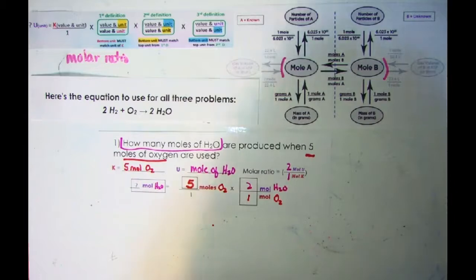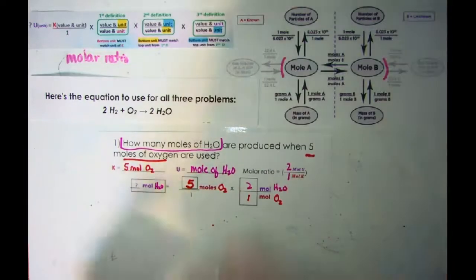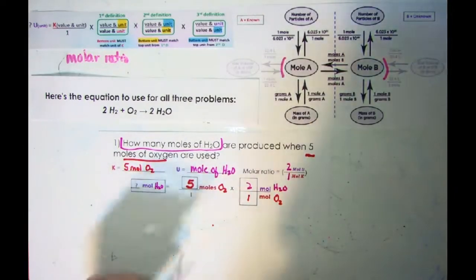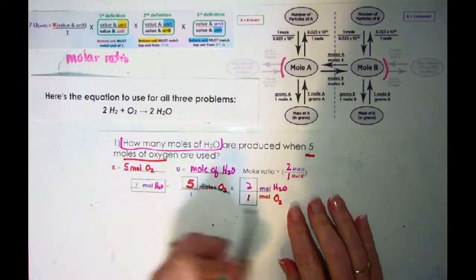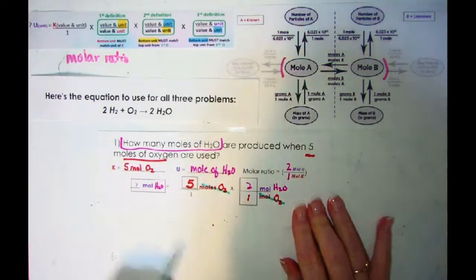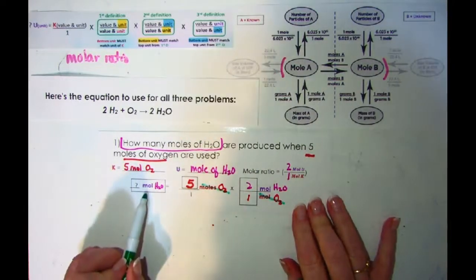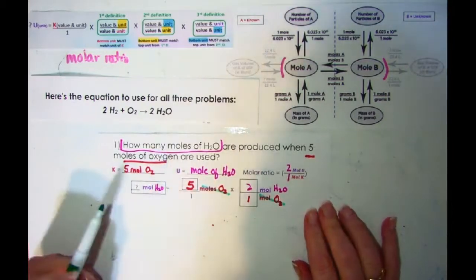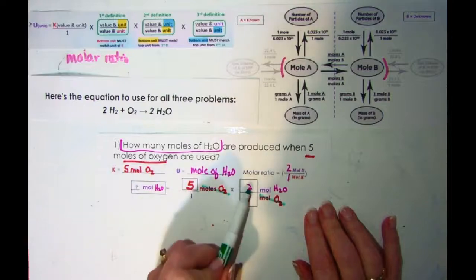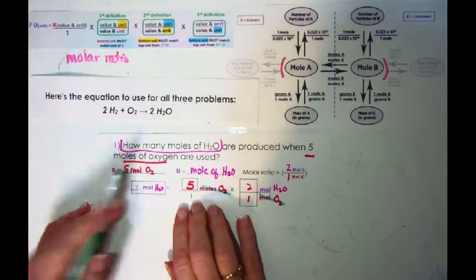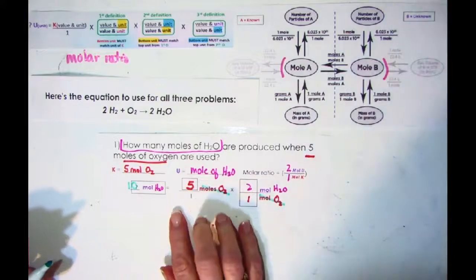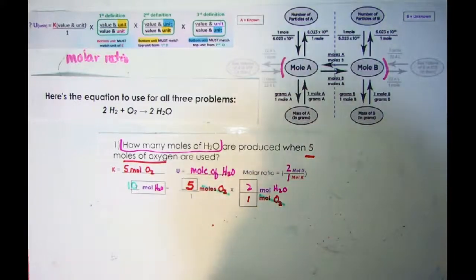The moles of oxygen cancel, and we have moles of water left. The math is simply 5 times 2 divided by 1, so our answer is 10 moles of water.